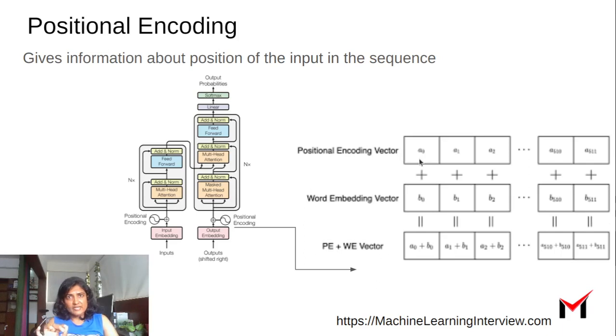The positional encoding is a vector that uniquely represents the position of a word in the text, right? We will look at it in more detail in another video. And these two are typically added and given as input to the next component, which is the multi-head attention layer.